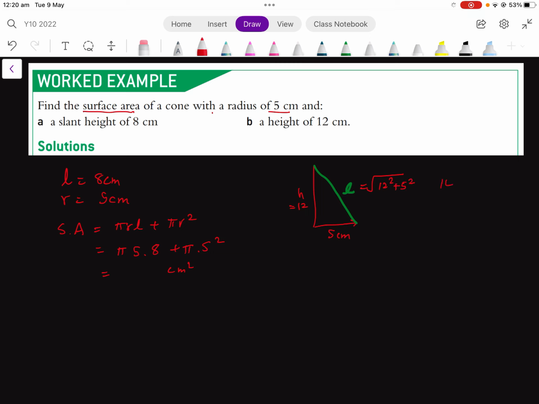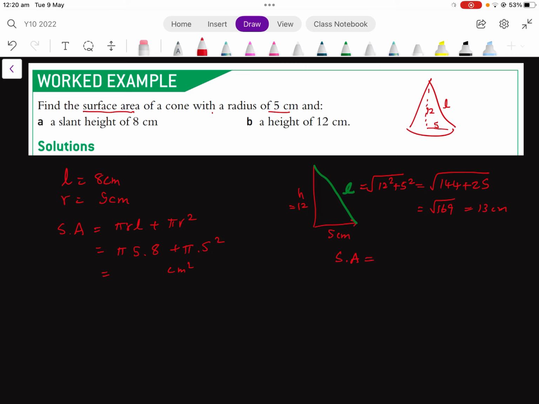So that's 144 plus 25, that's 169, that's 13 centimeters. So now the surface area of this cone, which obviously has a height of 12 and the radius of 5. We did not know the length L.